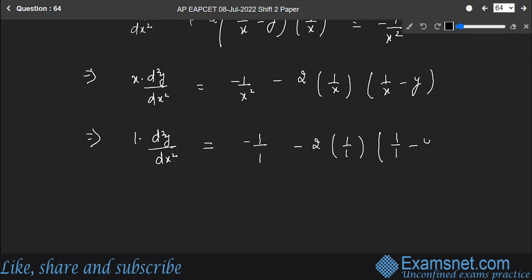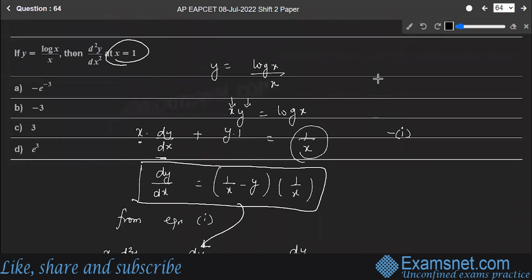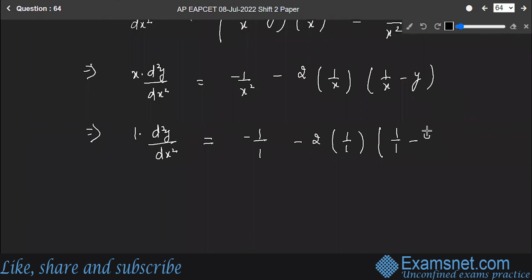So when I'm saying y here, see, y was equal to log x upon x, correct? And I'm putting x as 1, so y is equal to log of 1. I'll fill it in this portion. So this is equal to 1, right? And this will cancel out.